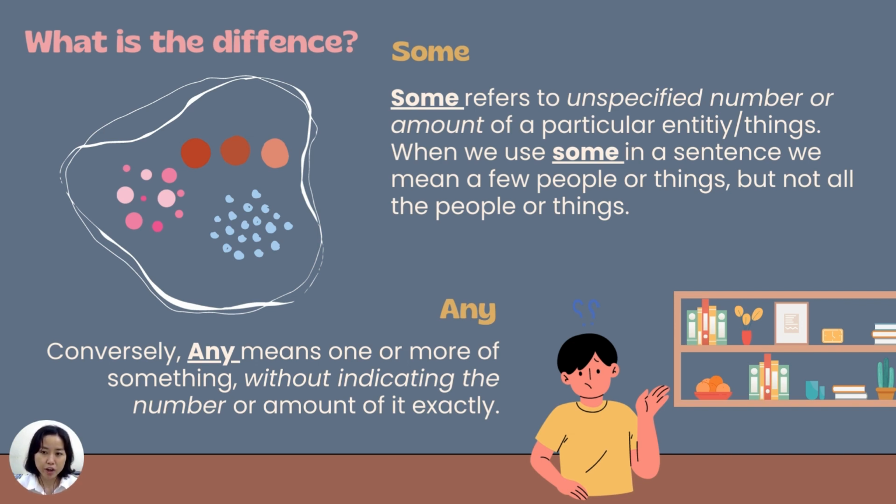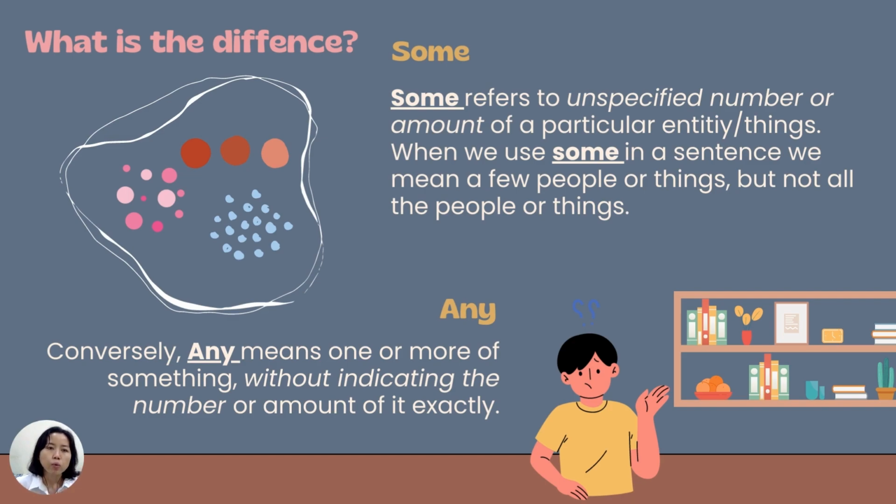See, there are not any apples there. We're not talking about the amount or the number of those things, we just simply say there are not any apples there. It can be nothing. So we use some to refer to an unspecified number or amount of things apart from a whole group. But with any, we don't indicate the number or amount of it exactly.